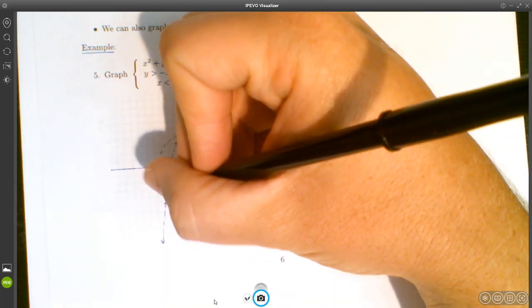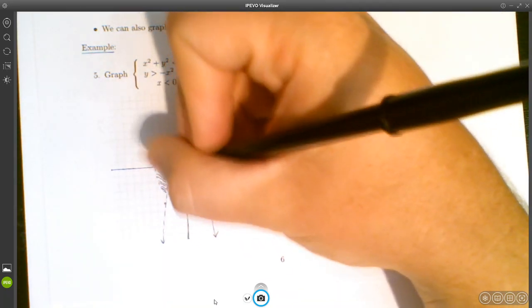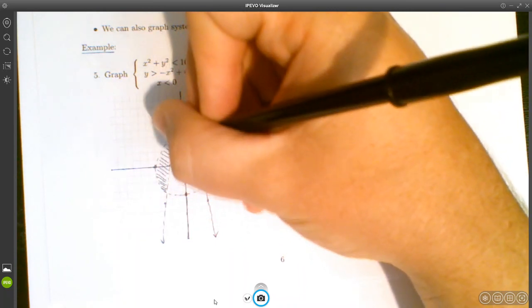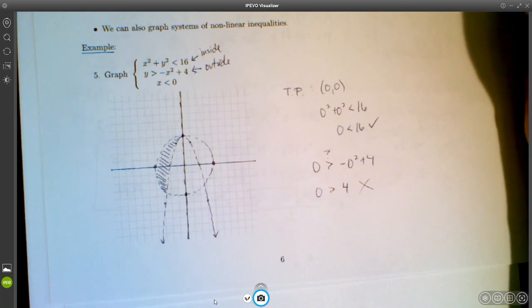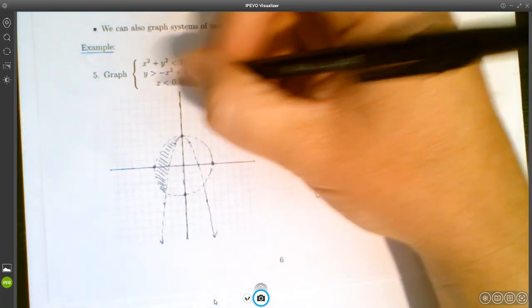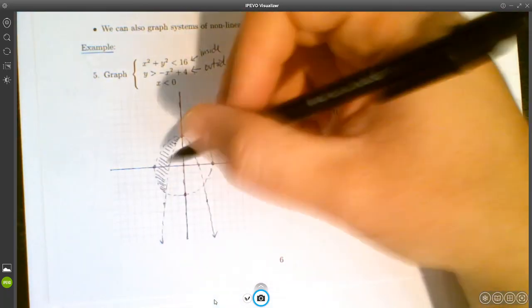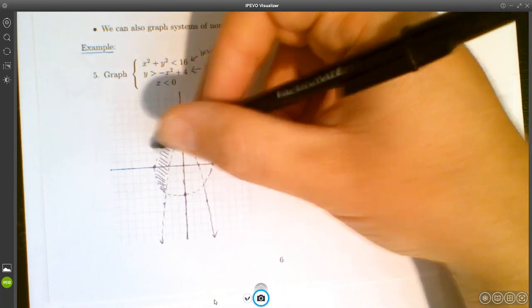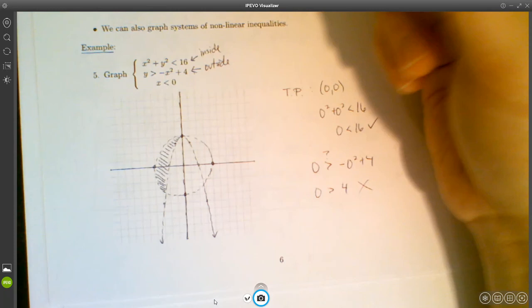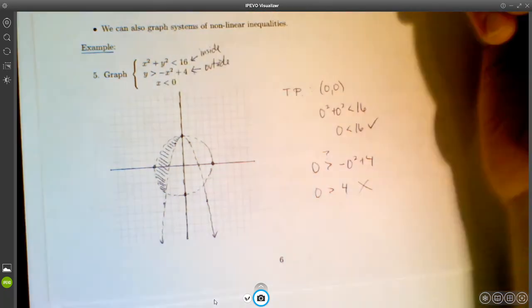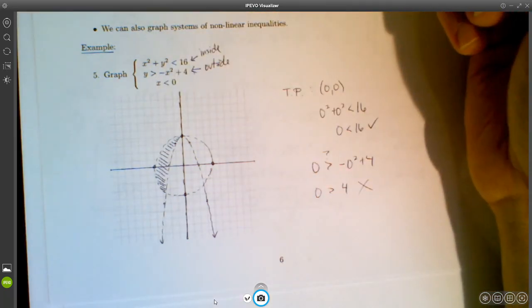So the place where those three things overlap is right here. In fact, this last inequality doesn't even do anything, because if I shaded inside the circle but outside the parabola, I would be shading this region anyway. So this last condition doesn't add any new information.